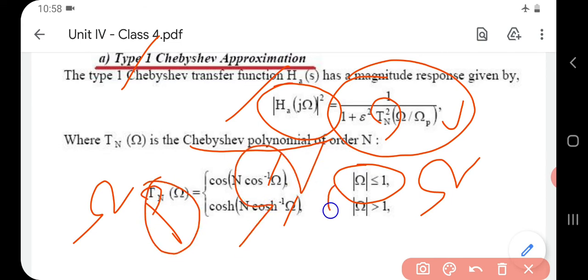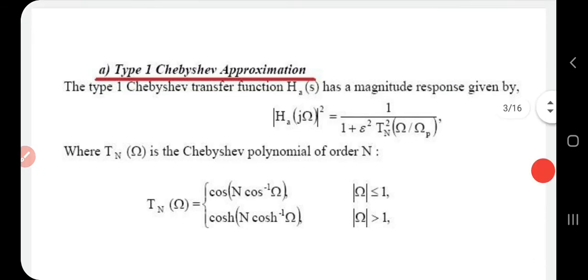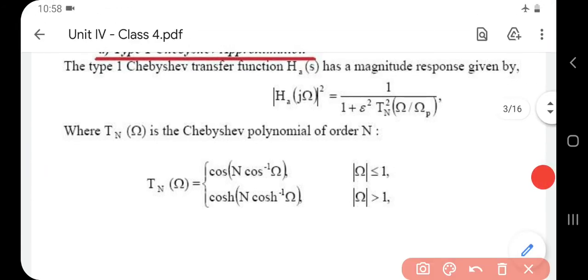Now omega s, this will be stop band edge frequency, and if omega is written simply like that, it will be just an edge frequency. Okay, then epsilon, here in this term epsilon is there, this epsilon is termed as pass band ripple. Okay, so we have explained all the terms in the equation.